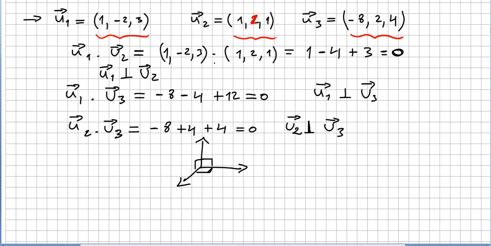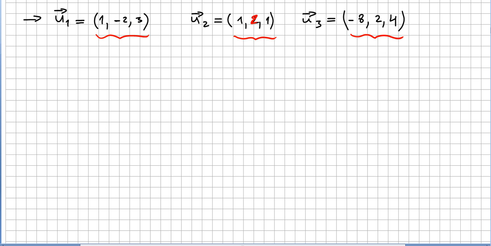Okay, so in this video we are going to pick a vector, let us say vector w, where w is (13, -4, 7).